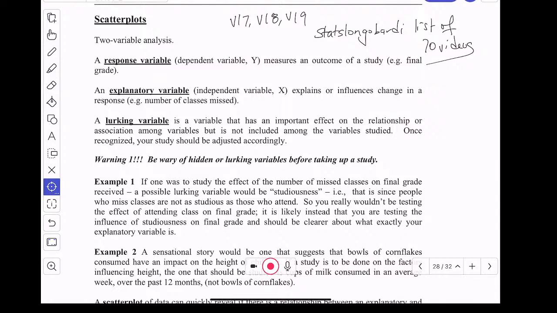These could be with experimental results, or they could be observational, and they could be hinting at the need for an experiment. So we put the explanatory variable on the x-axis, and we refer to that as the independent variable, the variable that explains or influences change in the response variable.